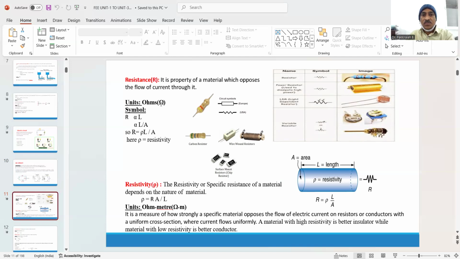Its unit is ohm. Some of the resistors you see here will be replicated in different forms like this.